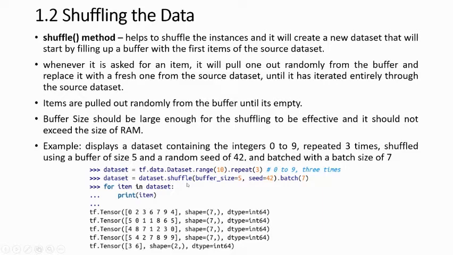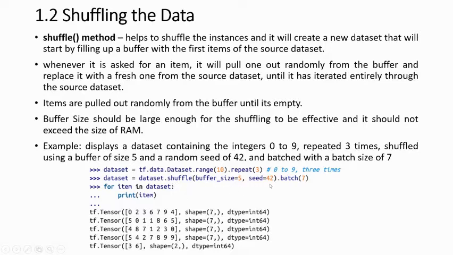This shuffle method takes a few arguments such as buffer size. Here the buffer size is given as 5, which means the buffer can hold 5 items, and we have given the random seed as 42. A random seed is used when you want to repeat or retain the same order. So we have given the random seed as 42.